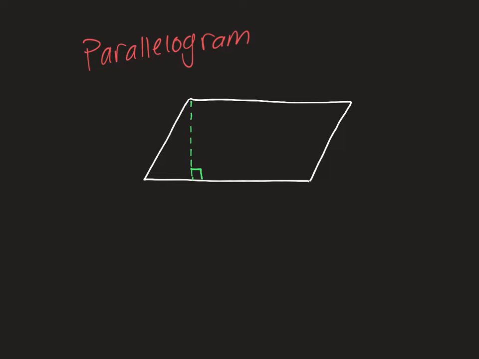The height will never be one of the slanted sides. The height is measured from base to base. For a rectangle, that made sense because the sides form right angles. So in a parallelogram, and really any other shape that has slanted sides like this, your height always needs to form a right angle.